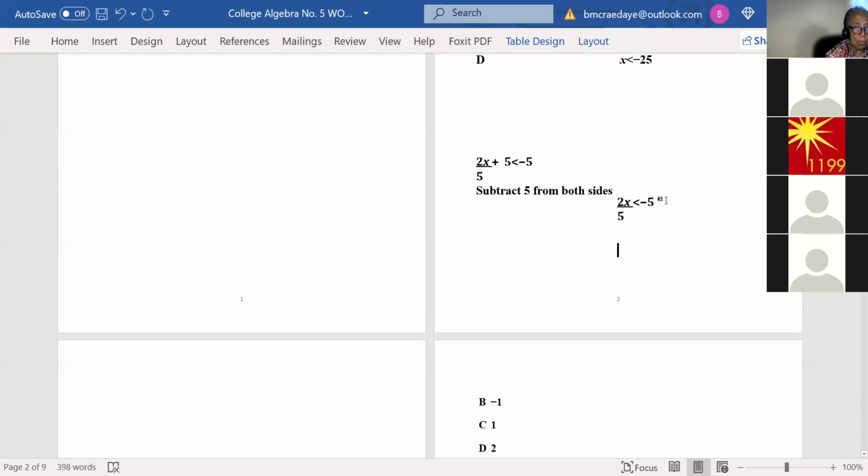Okay, so this would be a -10. Let's put 10 minus 5. That would be 10, yes. Okay, so now you have 2/5 x less than -10. That would be less than. Yeah, less than. So let me just put this here.